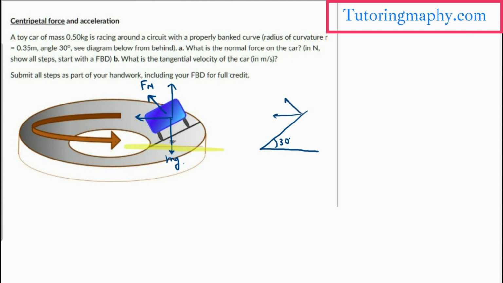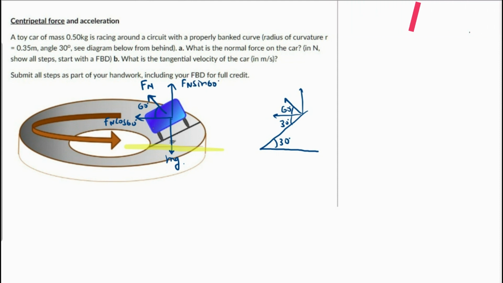So this is 30, and since this is 90, this is going to be 60 degrees, which is exactly what we need. So the components are going to be Fn cos of 60 degrees and Fn sine of 60 degrees, right?